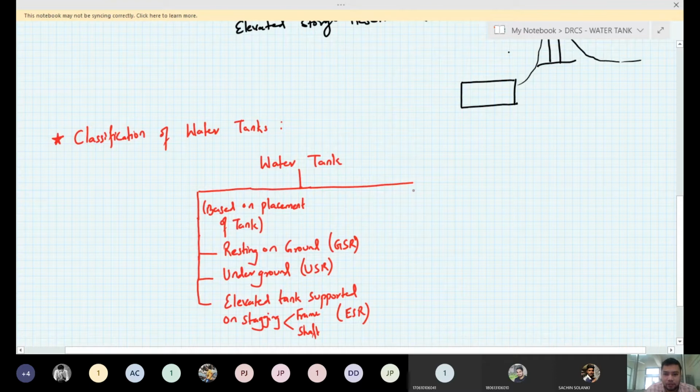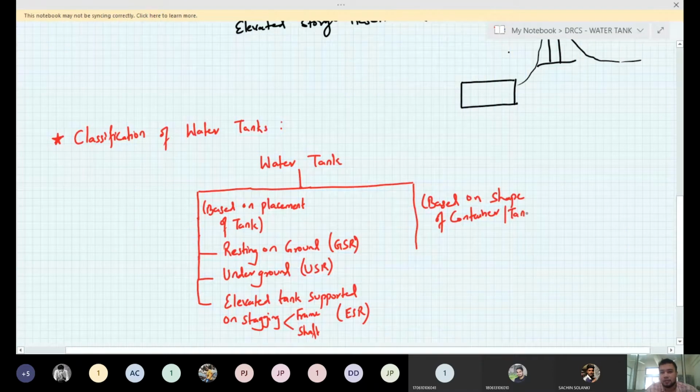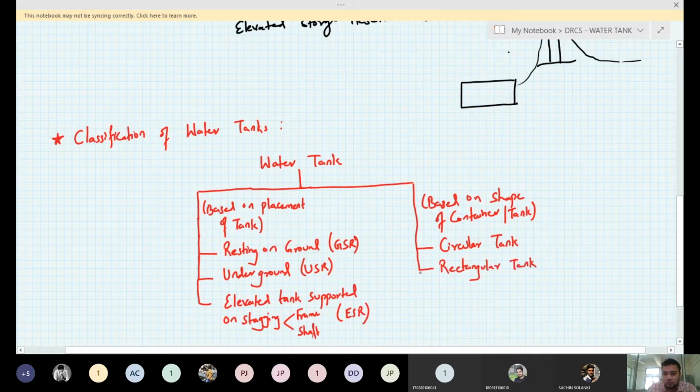Then, based on the shape of the container, or we can say tank, it can be a circular tank, it can be rectangular, it can be spherical.